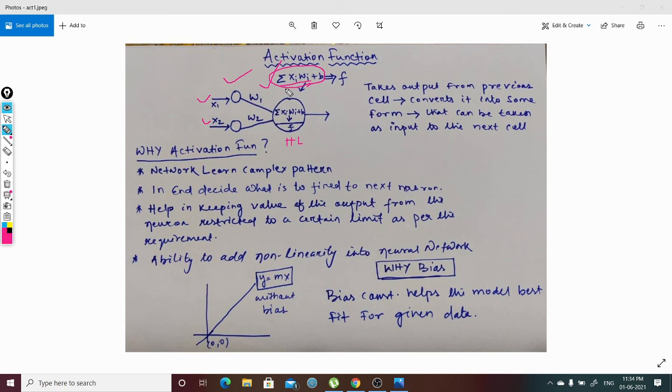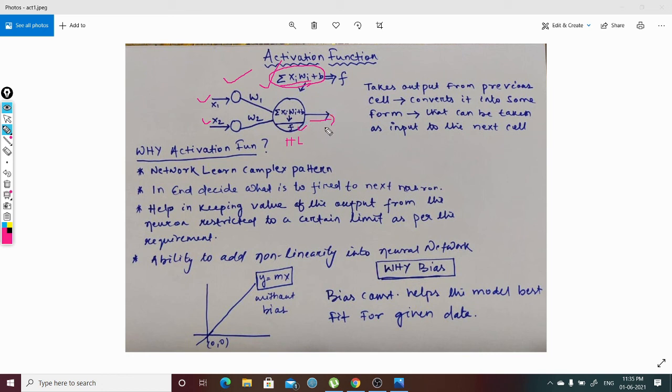So this input which is coming to the activation function, the activation function converts it to some form, and that value is then taken as input. Whatever value this activation function gives goes as an input to our other neurons.